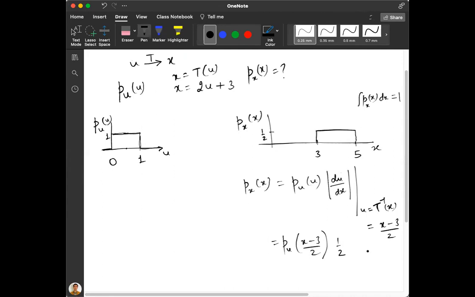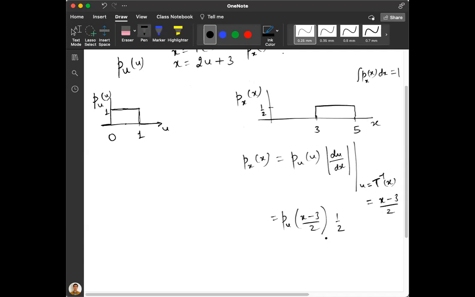That's it. This is my distribution. So let's say this my p_u(u) is equal to, how do I define this block function?